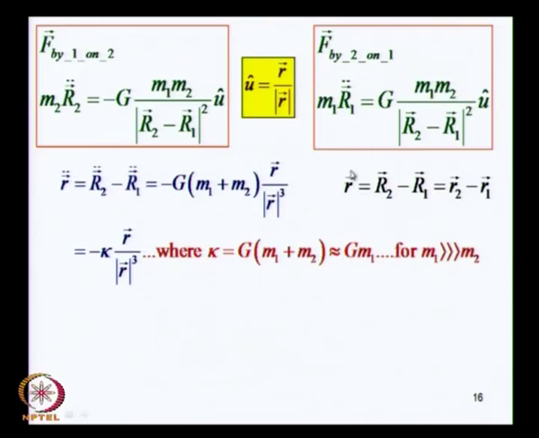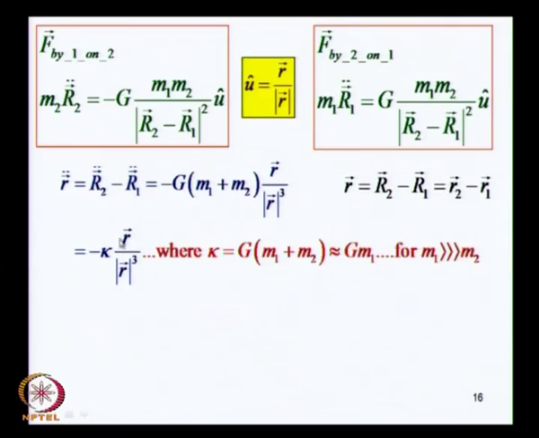Since this relative coordinate is just the difference of these two position vectors, its second derivative will give you the corresponding accelerations, and from these two equations you can just subtract r1 double dot from r2 double dot and get the equation of motion, right.